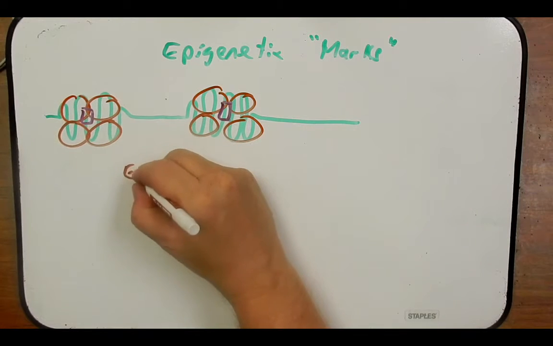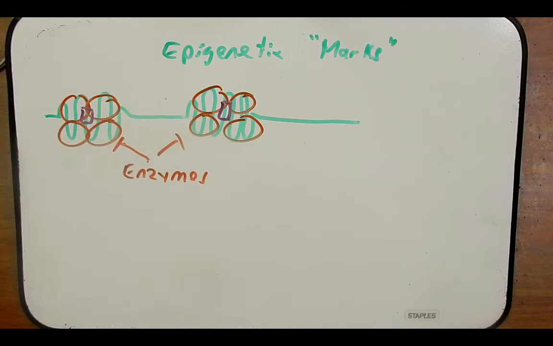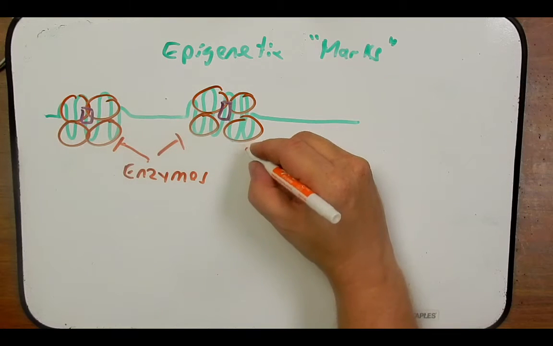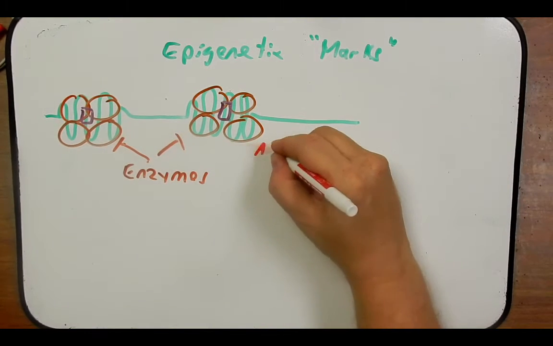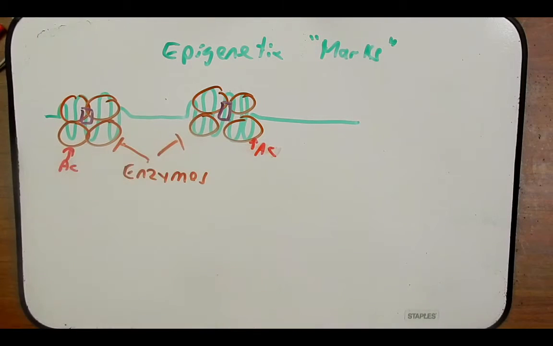So enzymes would not be able to access those genes. And when we think about marks, we can think of a few that I'll just introduce to you right now. To mark these histones for removal, we can add acetyl groups to the histone proteins.